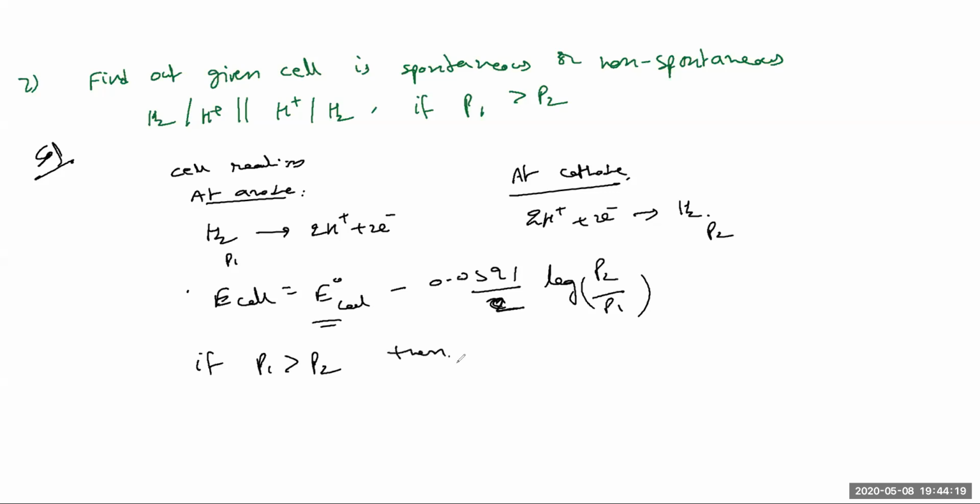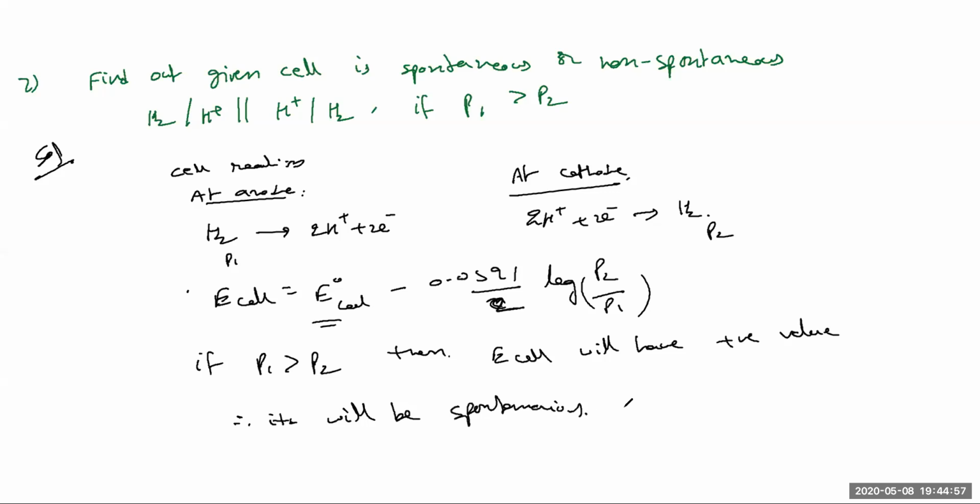Then E cell will have a positive value. E cell is positive, which means it is spontaneous. Therefore it will be spontaneous.